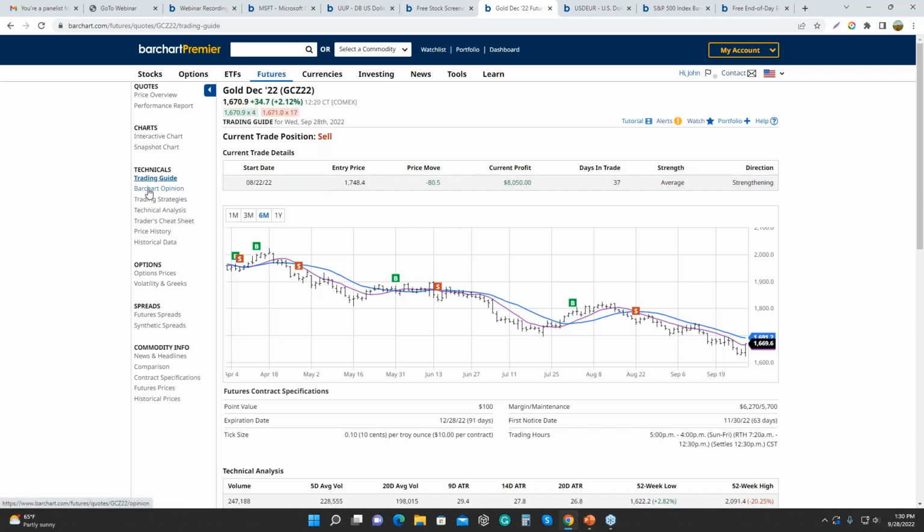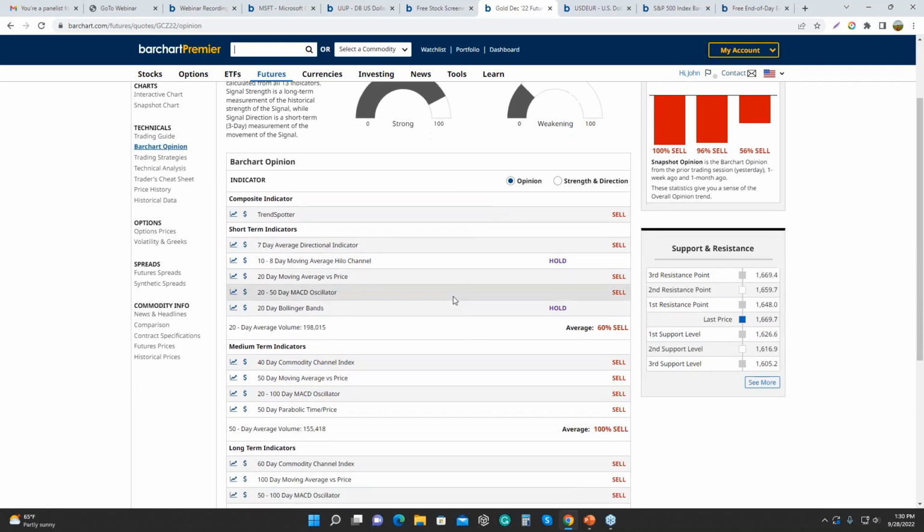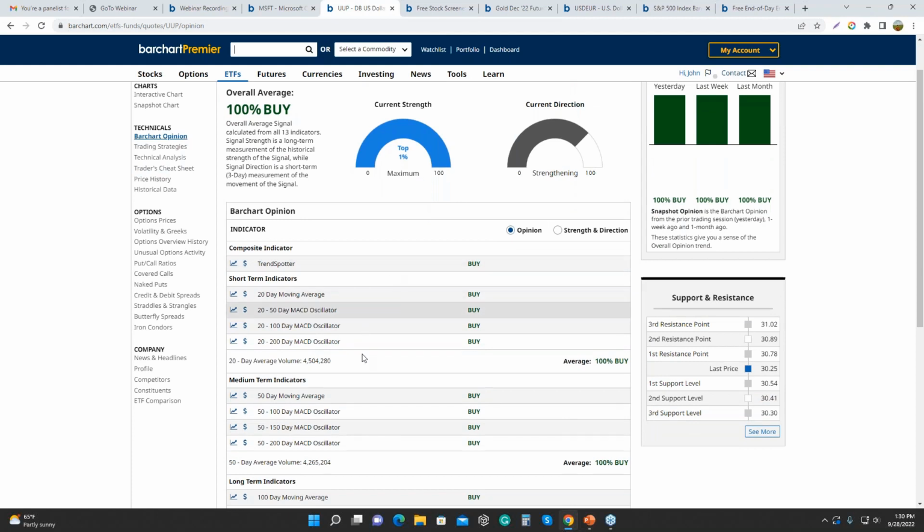But there still is our bar chart opinion page right here where we can do that same analysis. But what I want to show you here on this one is that some of the technical analysis, not some, but almost all of it, is different from what we see in our equities, our ETFs, and our currencies.